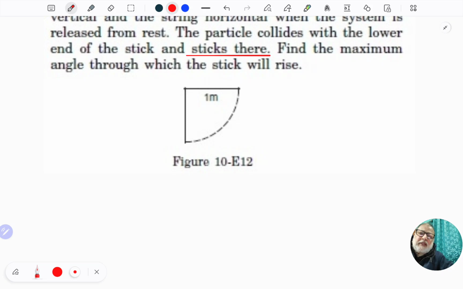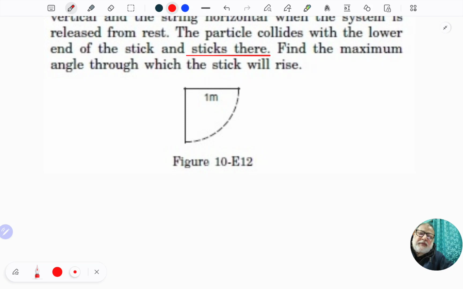When the particle hits the rod, immediately the whole rod has a tendency in this diagram to translate leftward, and therefore the rod pushes the pivot, and the pivot in turn exerts an impulsive force, or an impulse, on the rod.